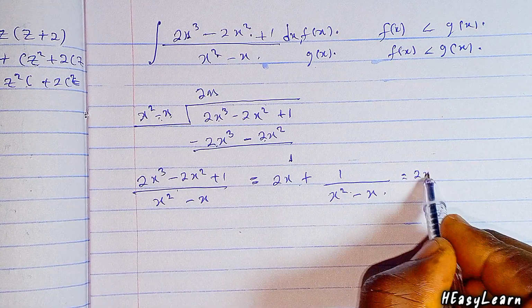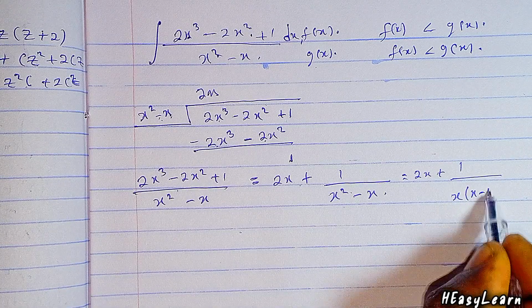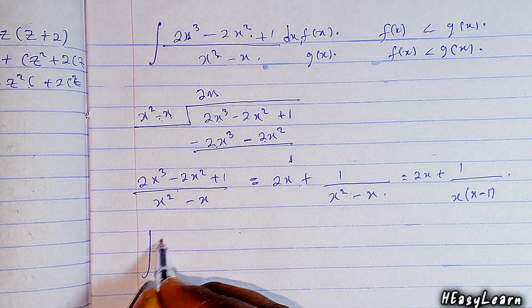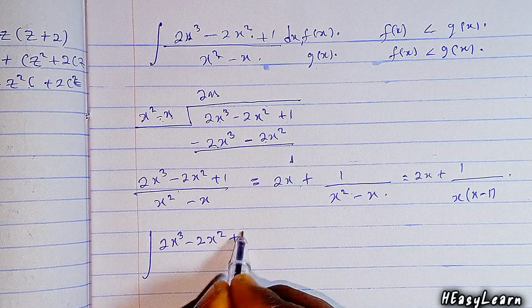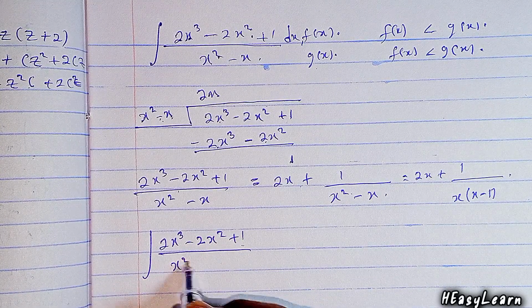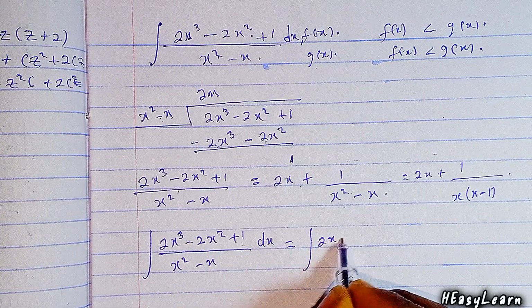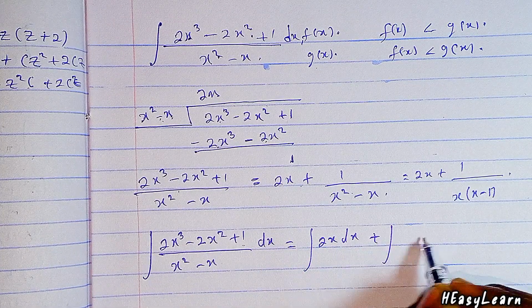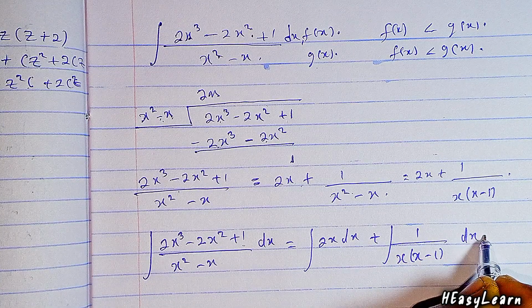This is the same thing as 2x plus 1 over x, with x common, x minus 1. So to integrate 2x to the power of 3 minus 2x squared plus 1 divided by x squared minus x dx is the same thing as the integral of 2x dx plus the integral of 1 over x minus 1 dx.